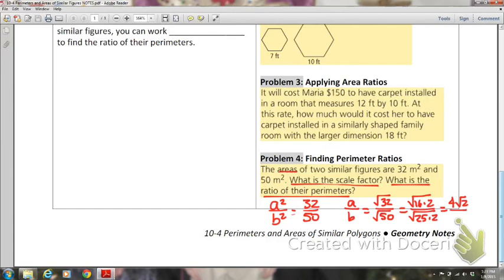I can take the square root of the 25, which is 5, outside the radical, and leave the 2 under. So now if I simplify this by canceling out the square root of 2, then I'm going to get 4 over 5. So 4 over 5 is going to be the scale factor, and it's going to be the ratio of the perimeters as well.